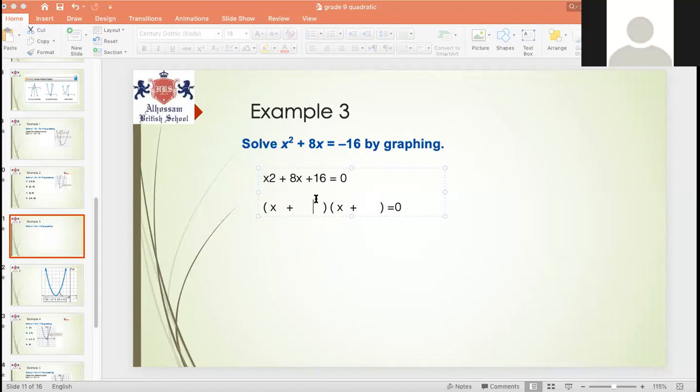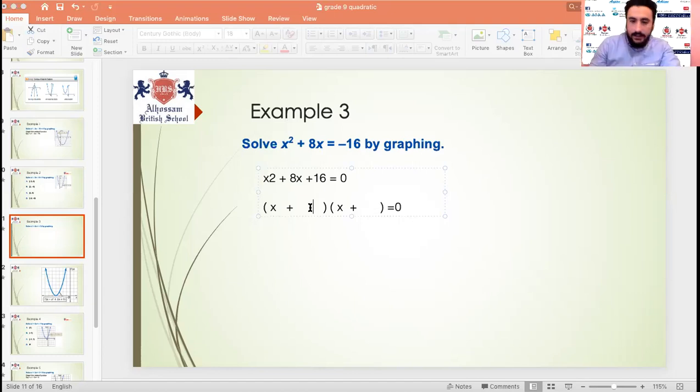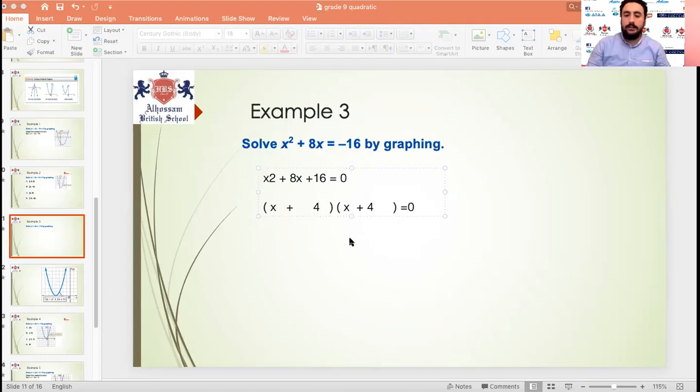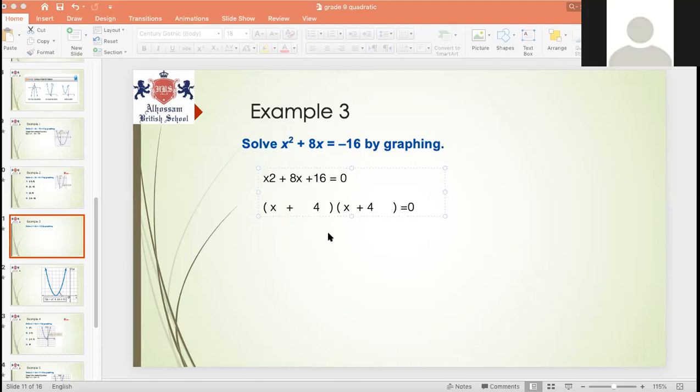And then we're going to find the two numbers that multiplied will equal 16 and whose sum is 8, which is 4 by 4, right? Yes. Okay.